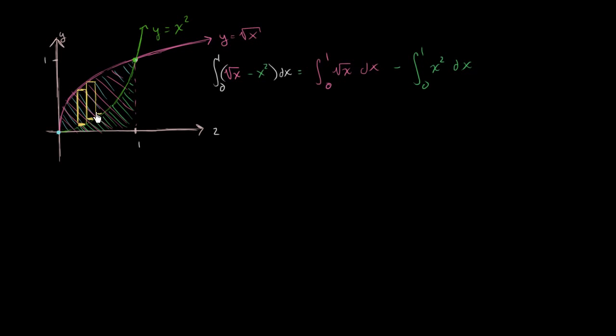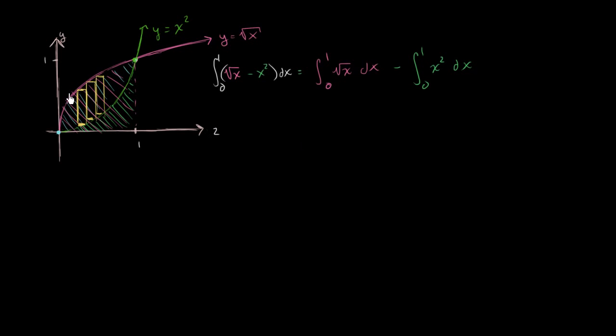All of them have width dx, and then the height is the difference between the functions. And as these rectangles get thinner and thinner, and you have more and more of them, you are essentially approximating the area. So this is one way of conceptualizing it, or just using the tools we already had: the area under the curve of square root of x, subtracting from that the area under the curve of x squared. These are completely legitimate ways of conceptualizing it.